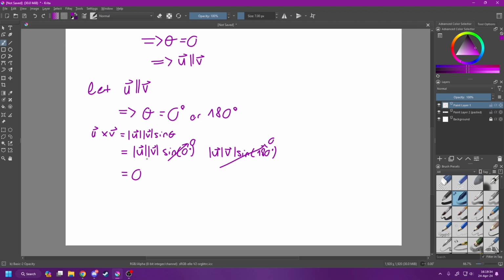And of course, if this is 0, it means that the actual values of the magnitudes of u and v are irrelevant, meaning it will just equal 0 in the end.